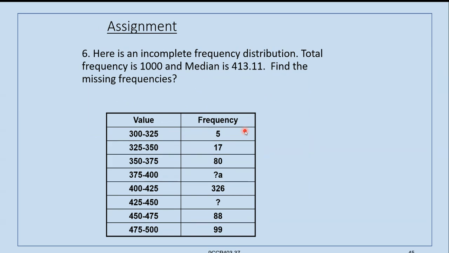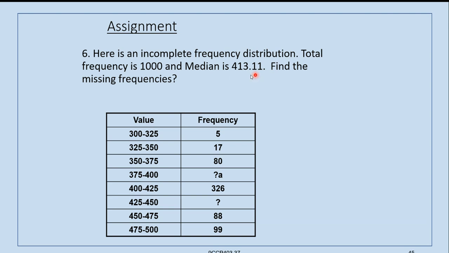Now we have two missing frequencies. We can take the two missing frequencies and calculate them. Here, total frequency is 1000 and median is 413.11. So the median class is this one. You can determine it like this. Lower limit is 400, median is 413.11.